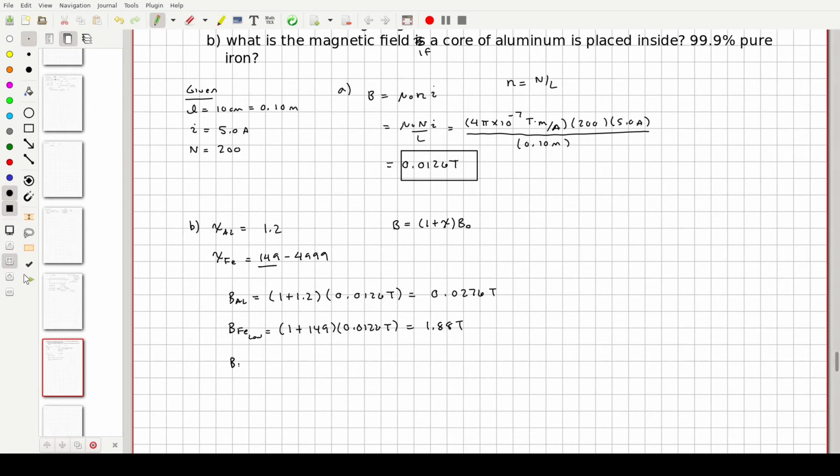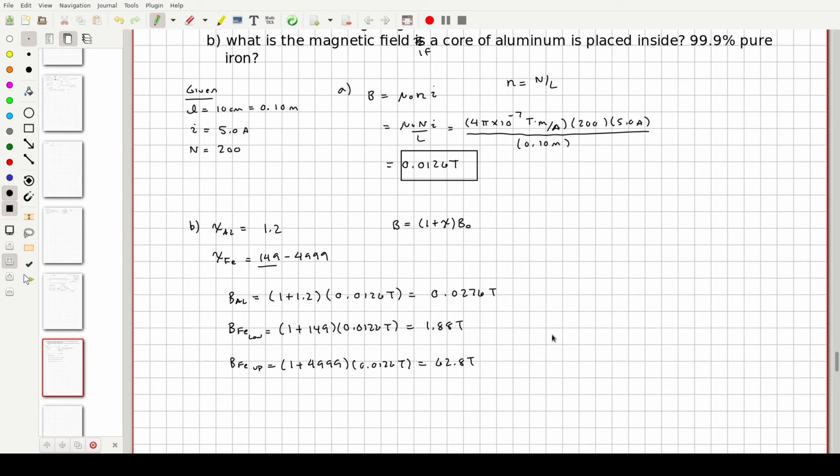The upper limit is going to be 1 plus 4,999 times that. So, let's see. That's 5,000. And that's about 62.8 Tesla. So as you can see, placing this core in here, what it does is to tremendously increase the magnetic field.